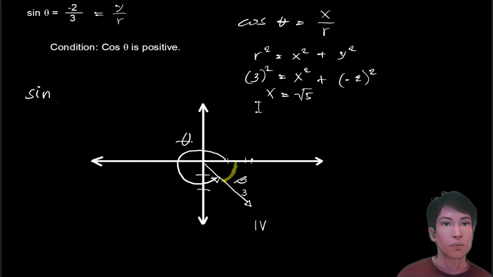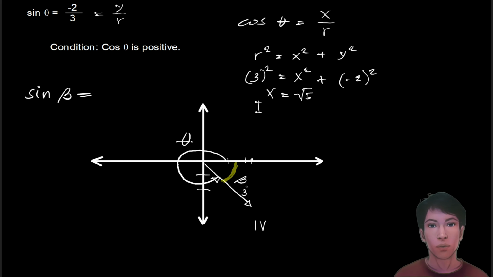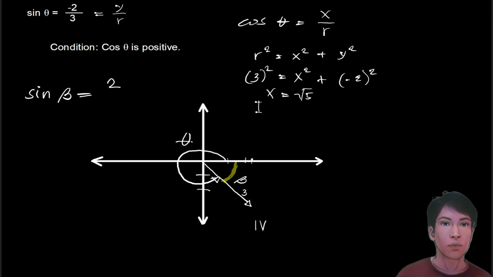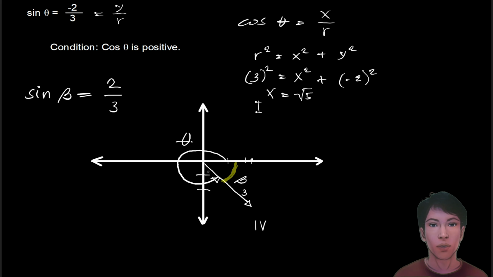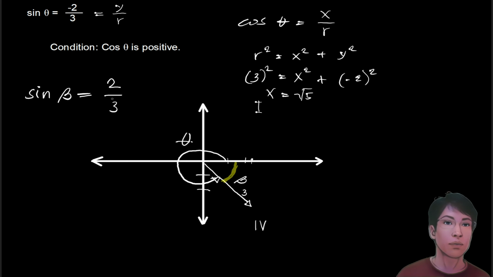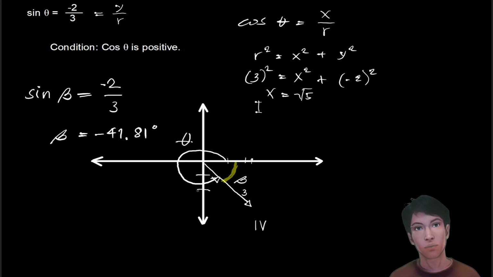Sine beta is 2 over 3, but then 2 is negative, and this gives us negative 41.81 degrees.